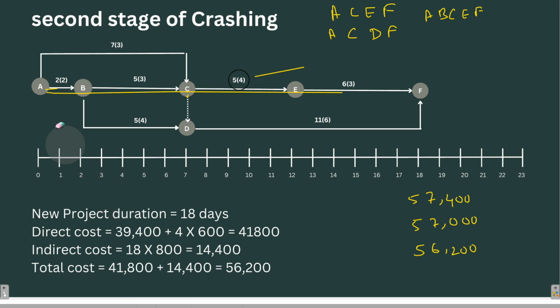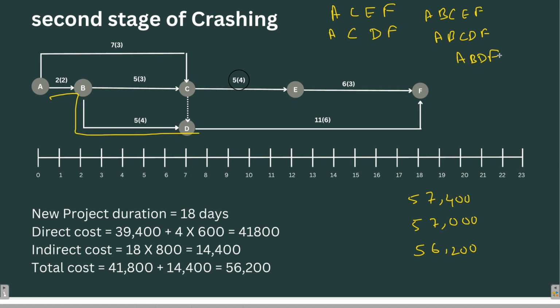The next critical path is A, B, C, then we go down to D and F. And the last critical path is A, B, D, F. These are the five critical paths present.